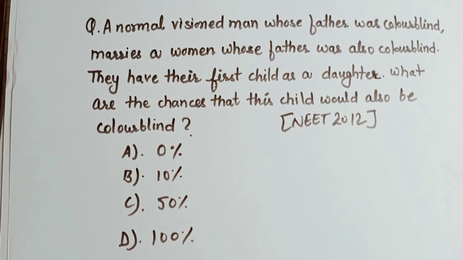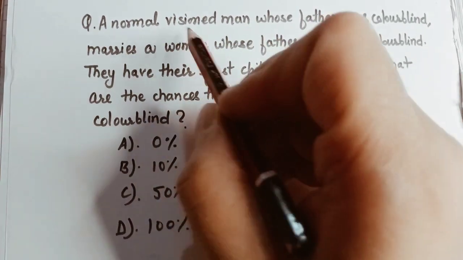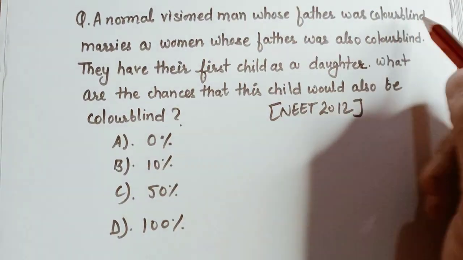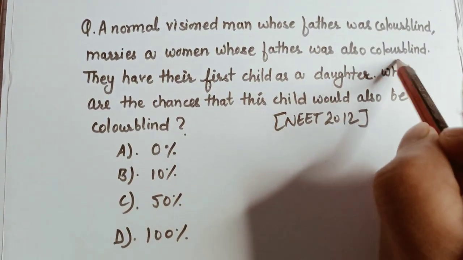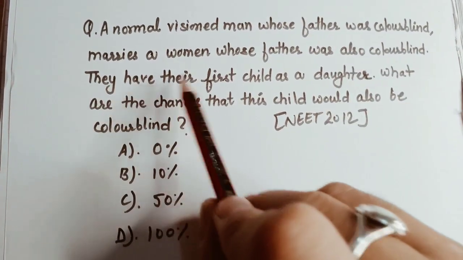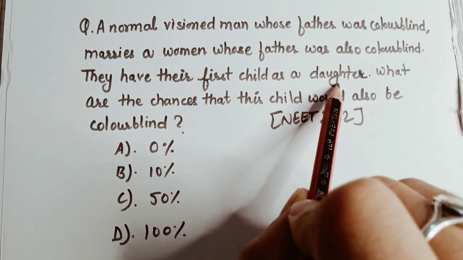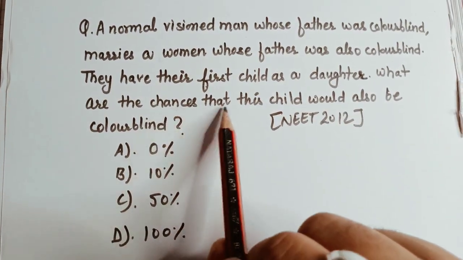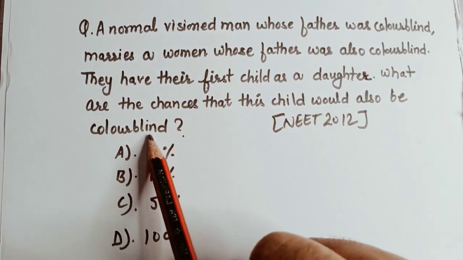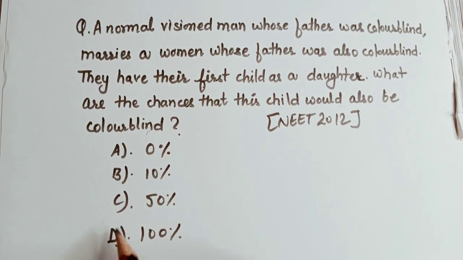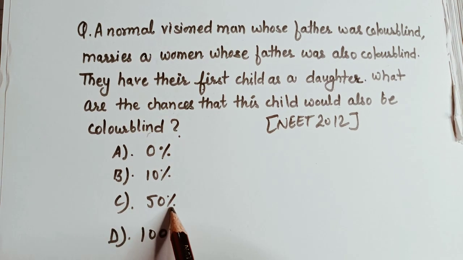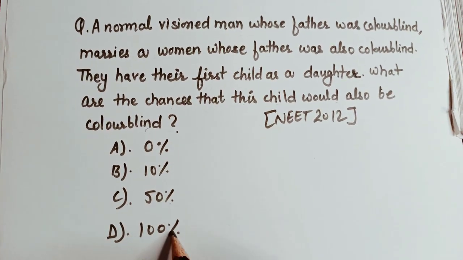Next important question is, a normal visioned man whose father was color blind marries a woman whose father was also color blind. They have their first child as a daughter. What are the chances that this child would also be colorblind? Option A 0%, B 10%, C 50%, and D 100%.